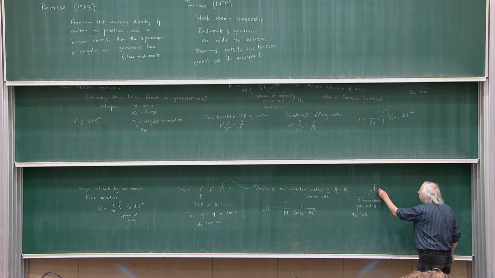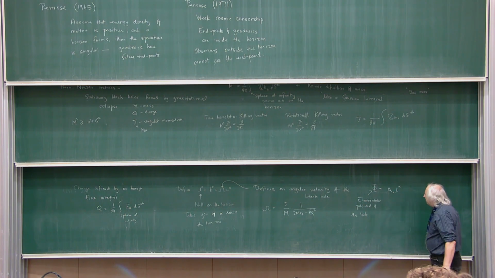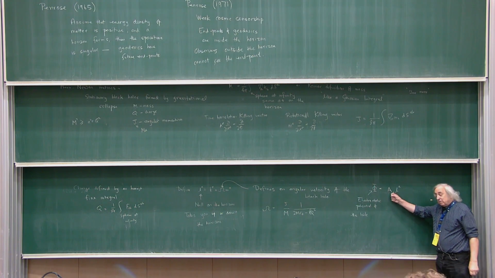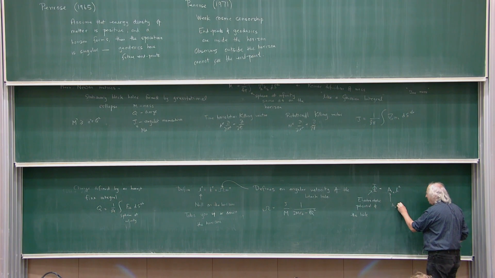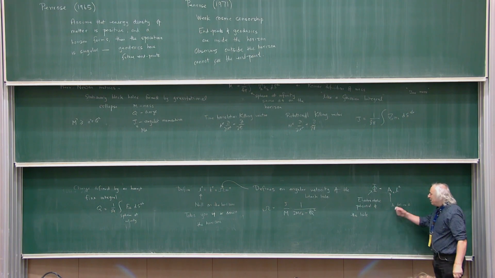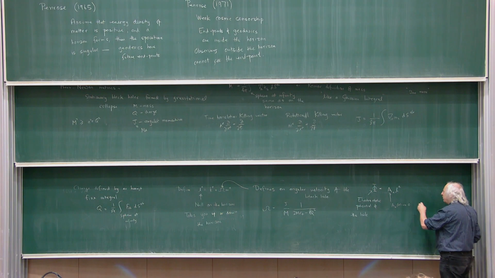This is just the value of A_a l^a, this being the electromagnetic potential, but such that A at infinity goes to 0, so that this really measures the potential difference between infinity and the horizon.